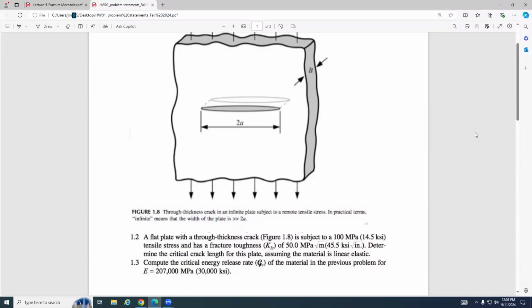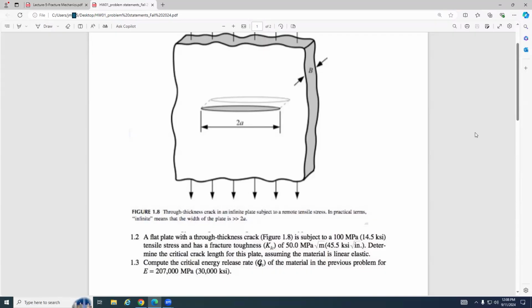Sigma is known, pi is known, and you can calculate this af. Keep in mind, af for this through thickness crack is half of the crack. If I ask you for the total crack, that means 2a. Be very careful, this is kind of tricky.